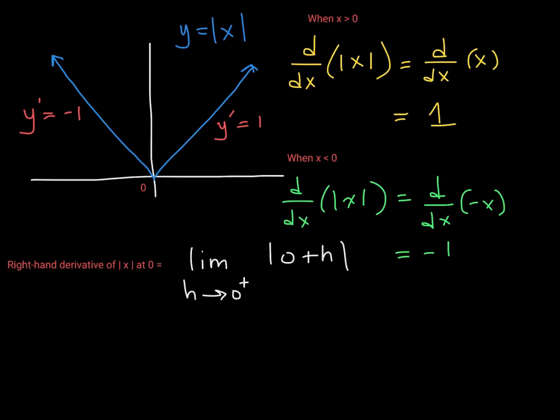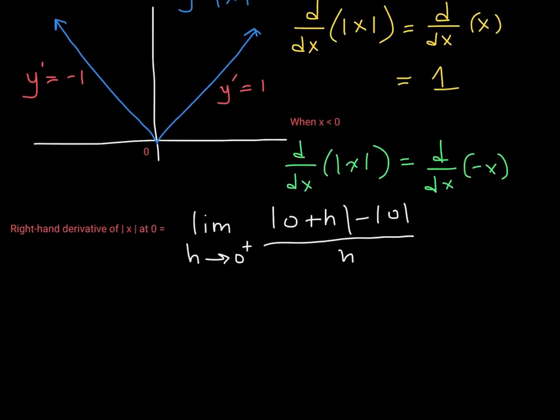Let me get rid of this here, if I can. There we go. Minus the absolute value of 0, right? All over h. And this is equal to the limit, let me write it down here.